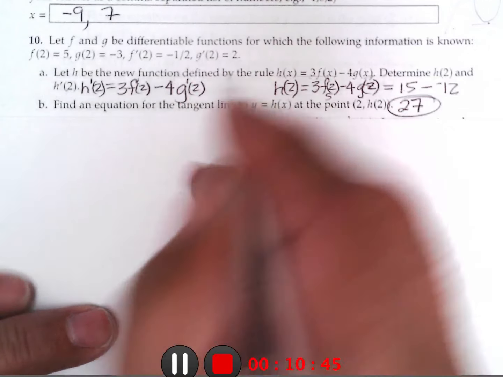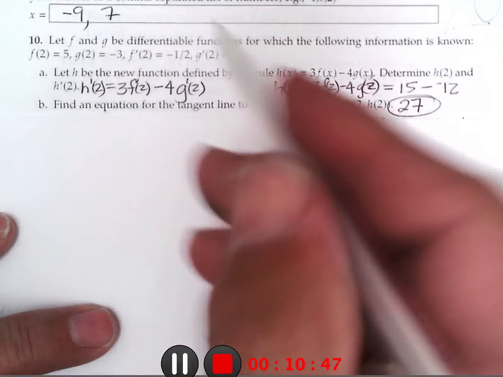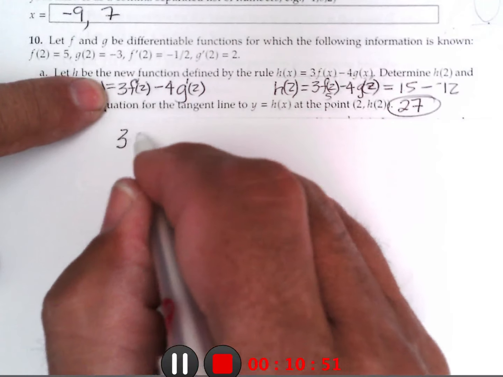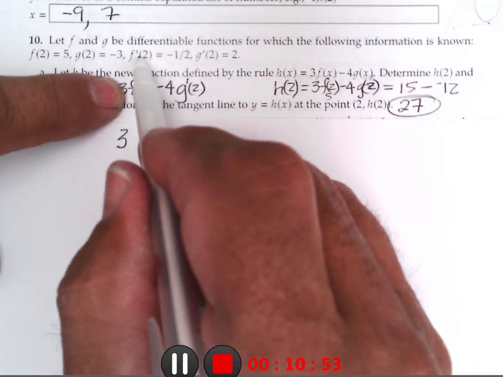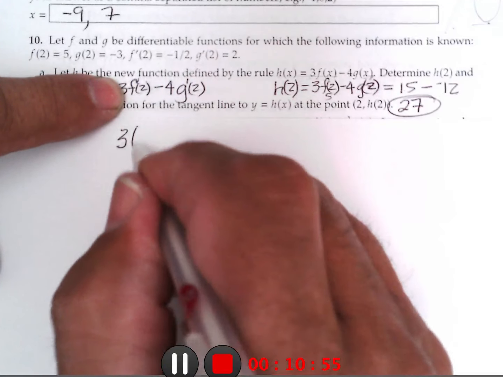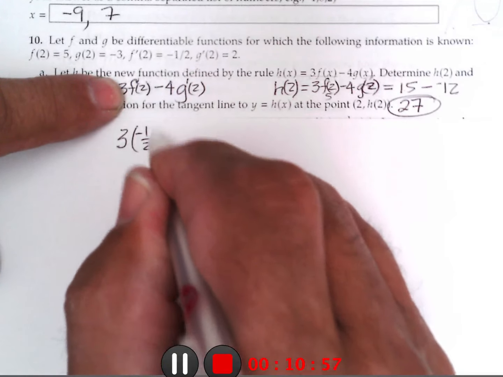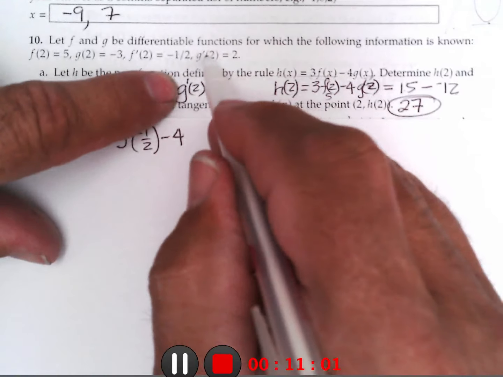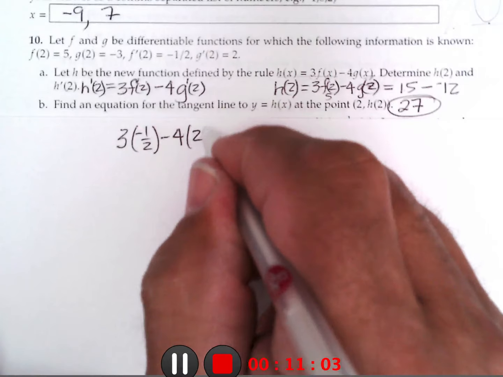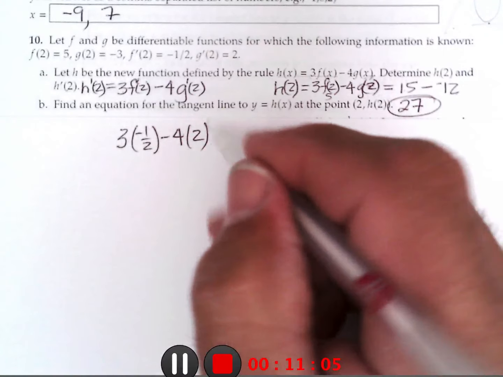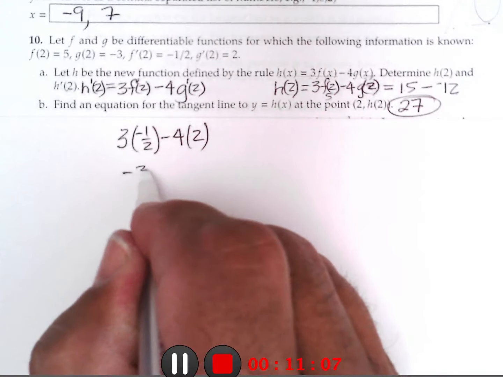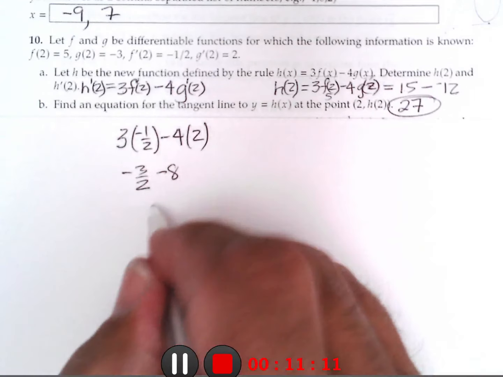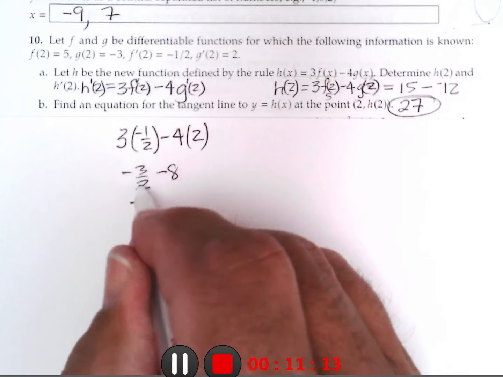So 3 times f prime of 2 is negative 1/2 minus 4 times g prime of 2, which is 2. So we got negative 3/2 minus 8, which is negative 9/2.